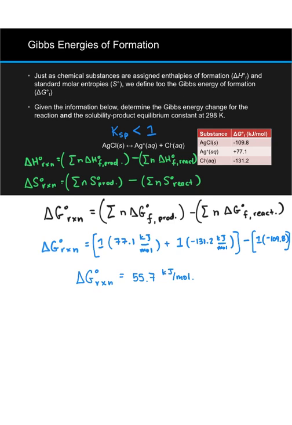Sure enough, this value is positive, like we would expect for a reaction that's not spontaneous in the forward direction.